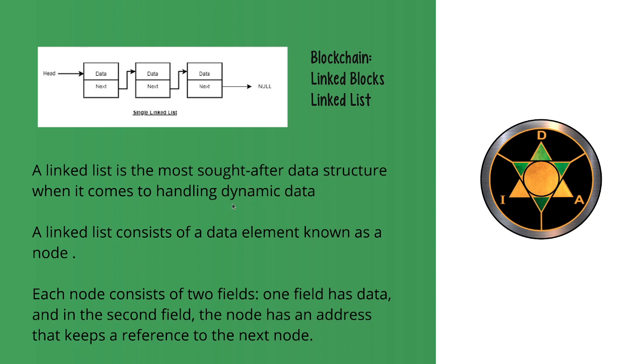Now, a linked list as a data structure is a linear structure, and it definitely comes with some shortcomings, especially in the case of a blockchain, because this data structure grows over time.